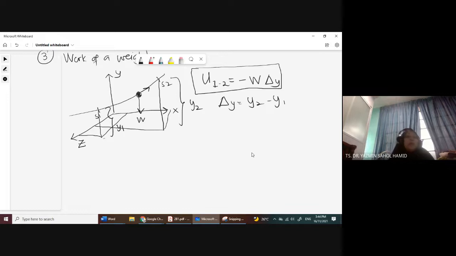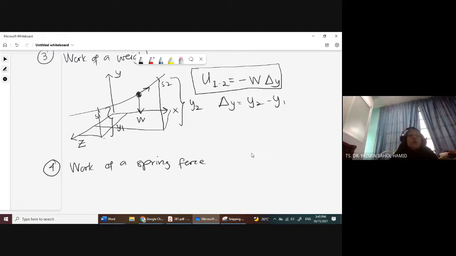When we go to a specific question, it will sometimes be a combination of work of weight, work of a constant force, and the fourth type of work, which is work of a spring force. So basically in dynamics, one example question can have work done due to weight and also including a spring.